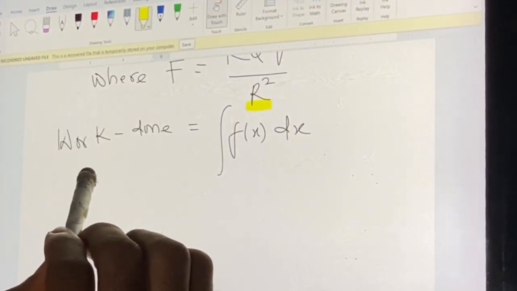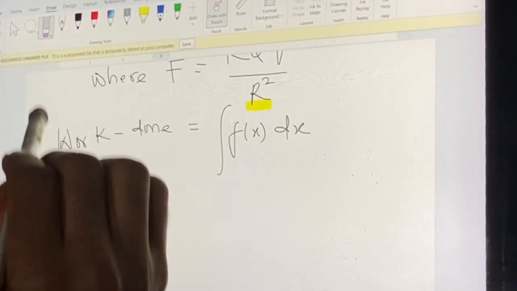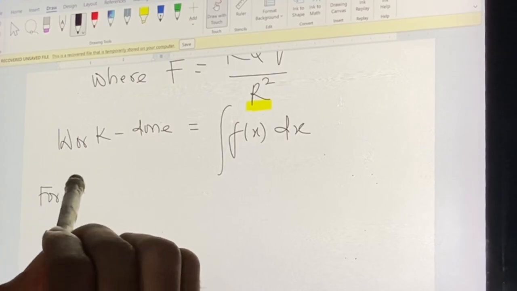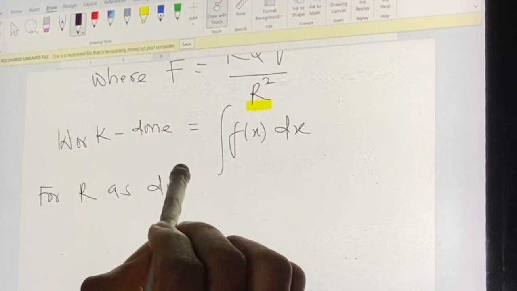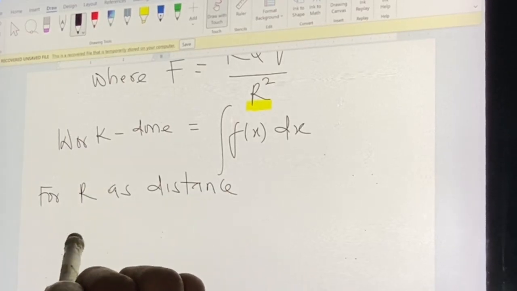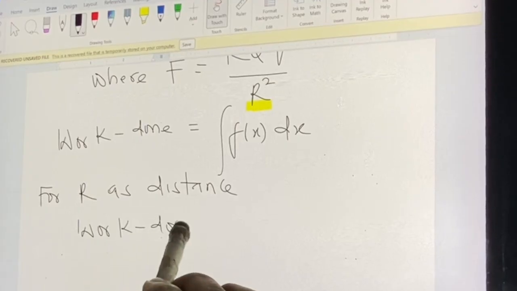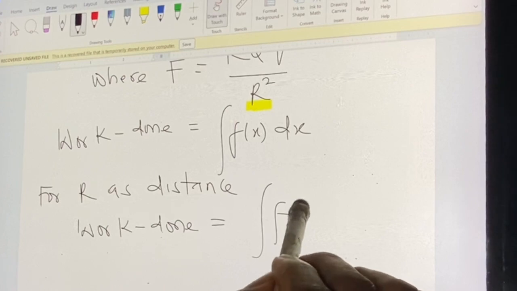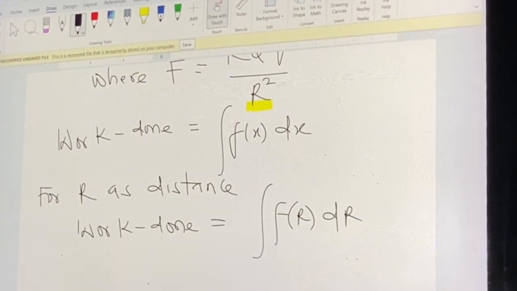For r as distance, the expression for work done will be equal to the integral of f of r dr. Please take note of this.